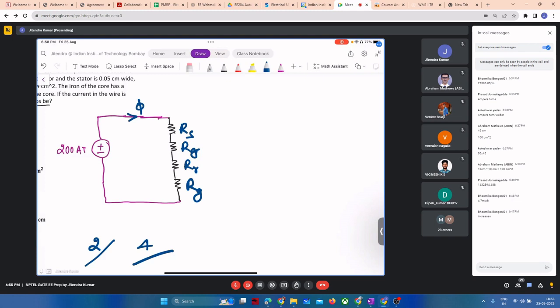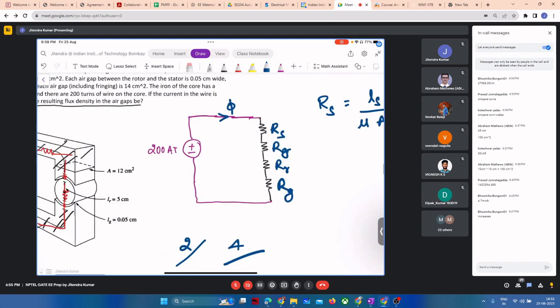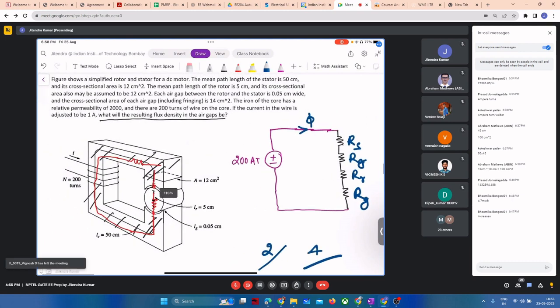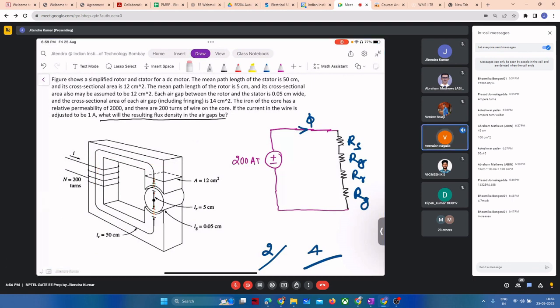So for computing the reluctance of the stator, we should have the mean length of the stator core divided by permeability times area of the stator core. So how much is the length of the stator core? Let me remove it so that you can visualize. 50 centimeters, that's correct. The 50 centimeter length is also provided in the problem if you read carefully.